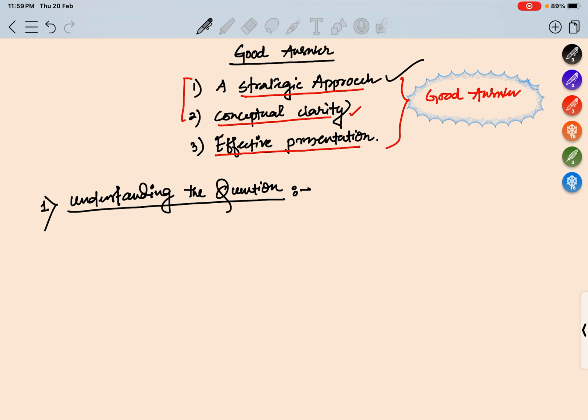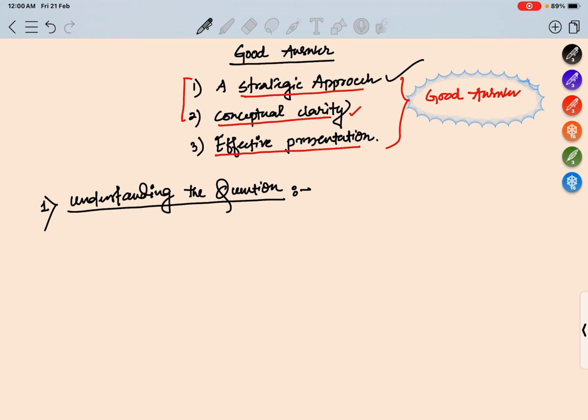One should read the question two times. When he reads for the first time, he will just read, and when he reads for the second time, he will analyze and think about what the question is asking. When you read the question two times, it means that you are understanding the question properly.